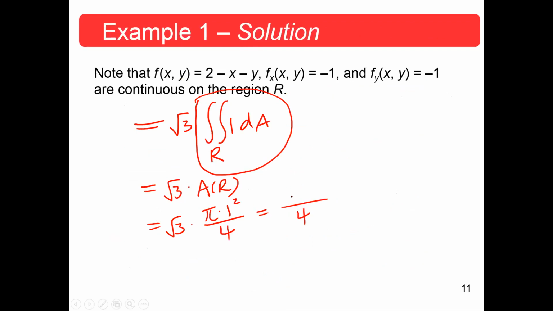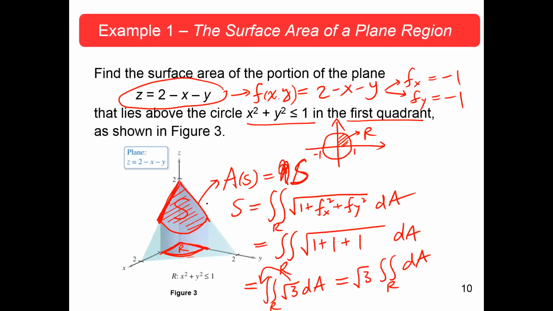So we have a quarter of root of 3 pi, which is root of 3 pi over 4 as the total area of the surface S.